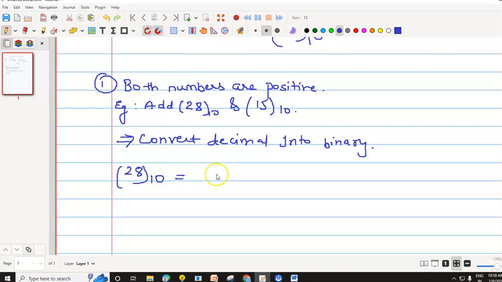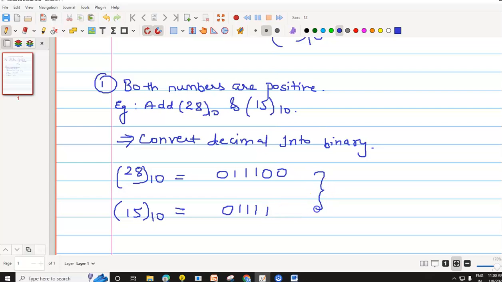The last bit will be a sign bit, so 0 1 1 1 0 0, since 16 plus 8 plus 4 gives 28. The second number is 15. In decimal 15, the sign bit is 0 as it is positive, then 1 1 1 1, which is 8 plus 4 plus 2 plus 1.